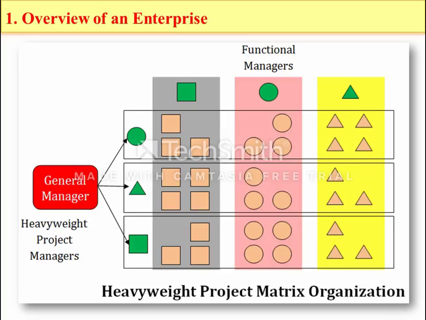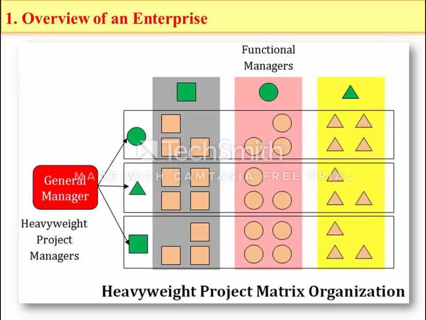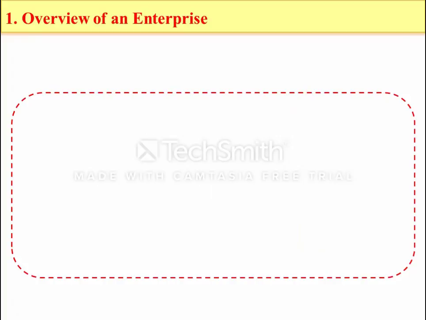It has 2 kinds of teams, the heavyweight project manager and the functional manager. The general manager leads the heavyweight project managers, and the functional managers support each heavyweight project manager's team with a functional job.